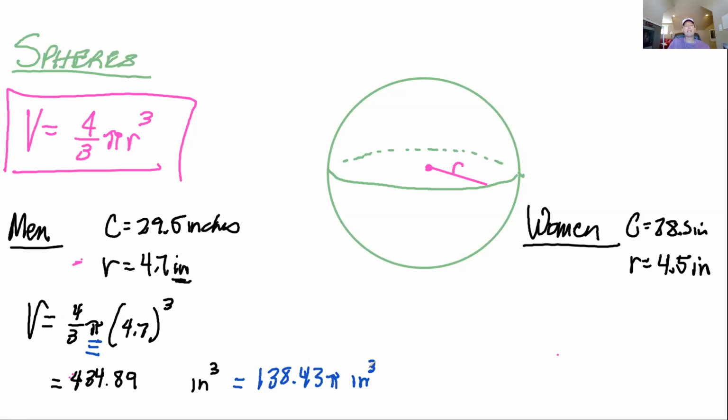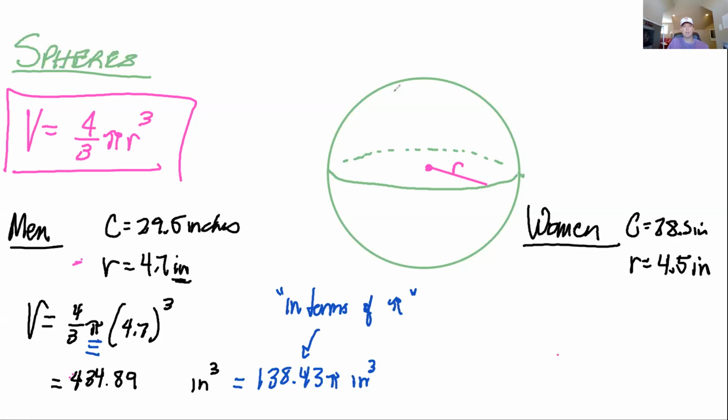So I want you to notice that, because sometimes you'll be asked to express the volume or eventually surface area in terms of pi. So look for this phrase, in terms of pi.